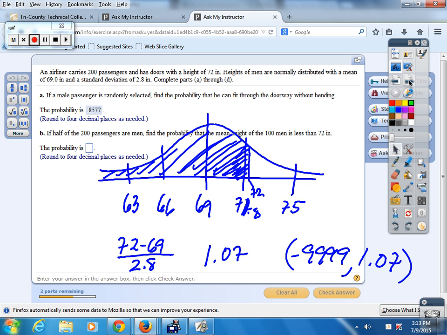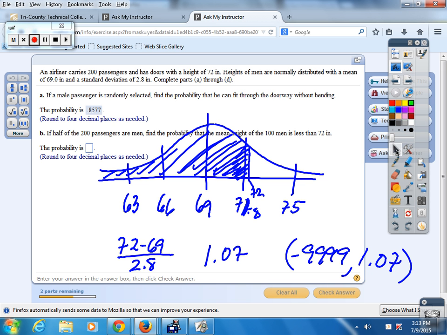If half the 200 passengers are men, find the probability that the mean height of 100 men is less than 72. So instead of dividing by 2.8, you're going to divide by 0.28. Okay, I'm not going to go through that math because everybody should know that. So take 72 minus 69 and divide by 0.28.